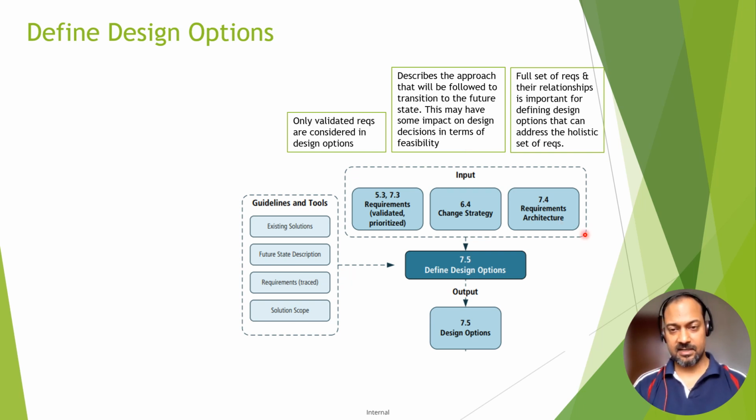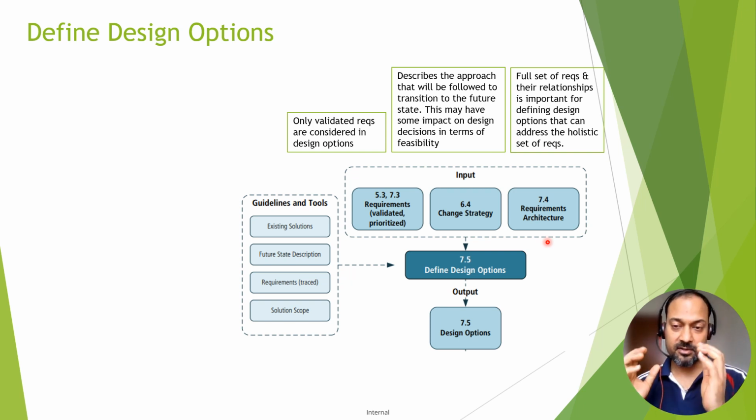Then we have requirement architecture, and I hope you understood the requirement architecture that we covered in our last session. So the full set of requirements and their relationship is important for defining design options that can address the holistic set of requirements. As I said, the solution is not just one requirement, the set of requirements go together to make a solution.